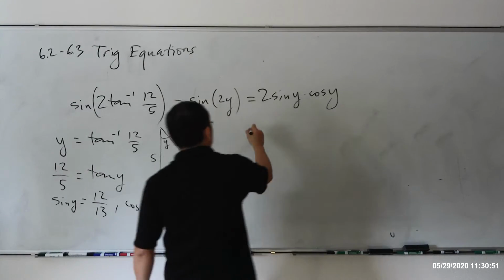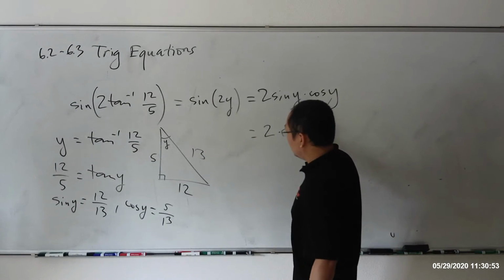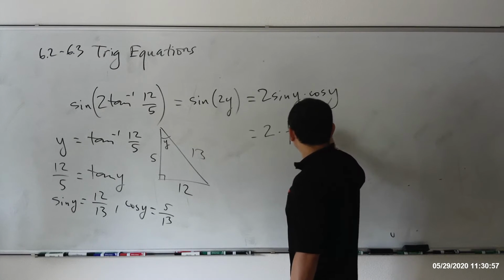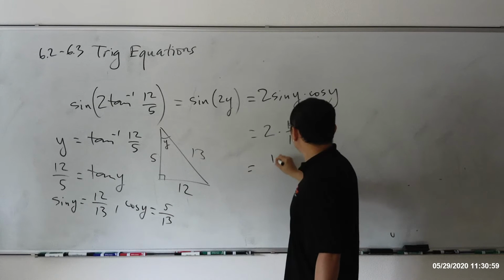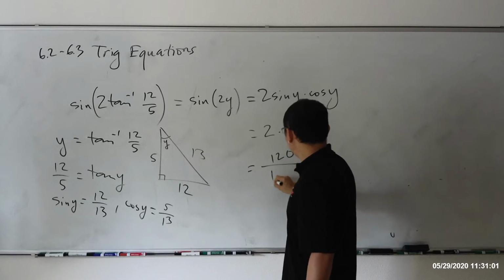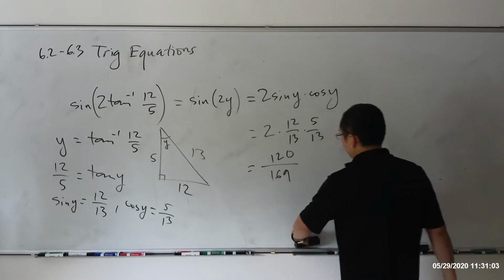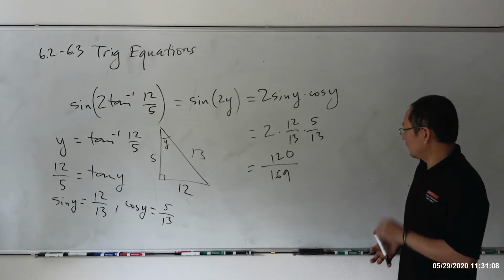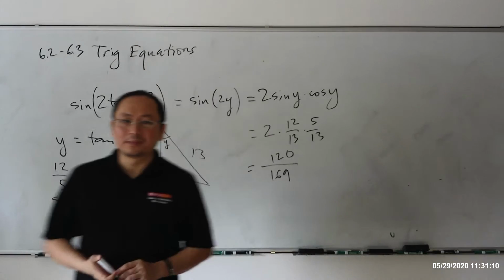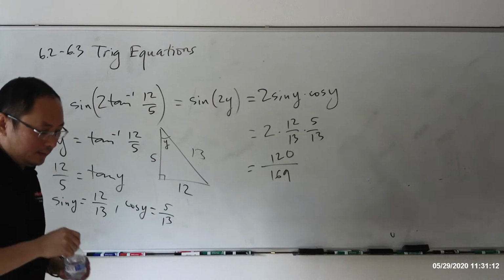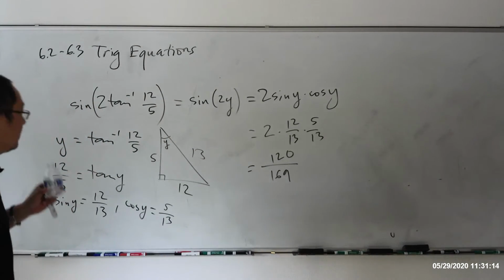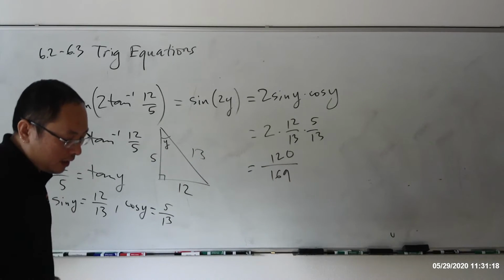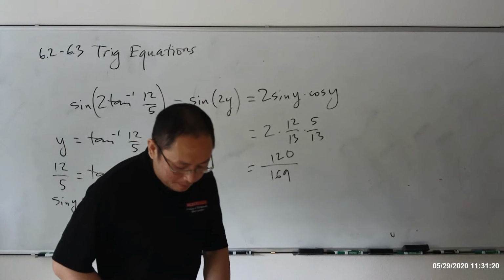So we have 2 times 12 over 13 times 5 over 13, which is 120 over 169. Hopefully that helps. And of course, same idea: you see other problems, you pretty much do the same way.